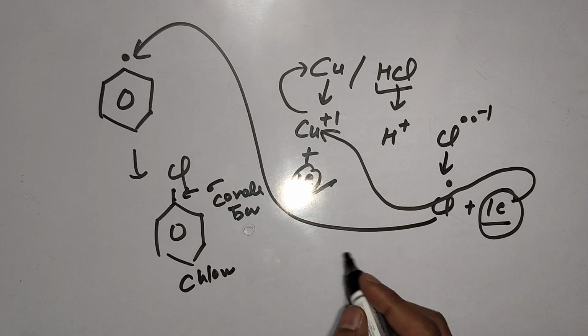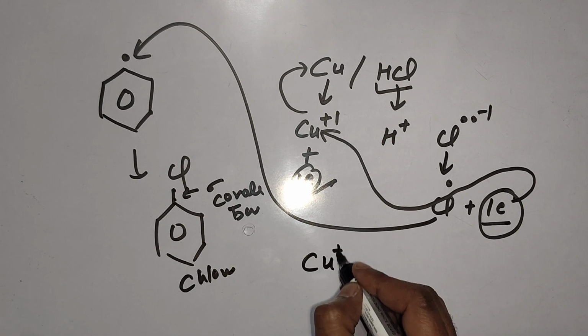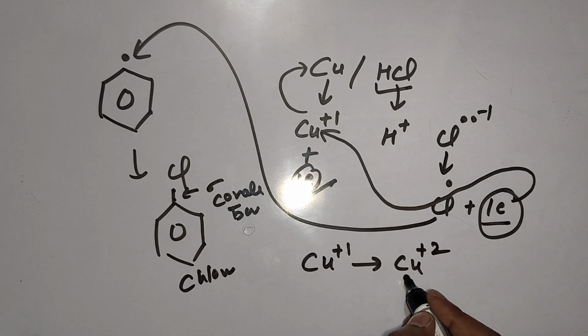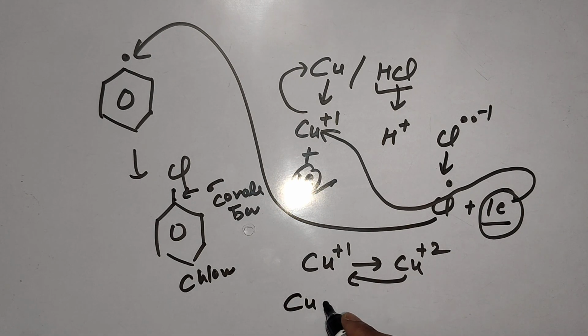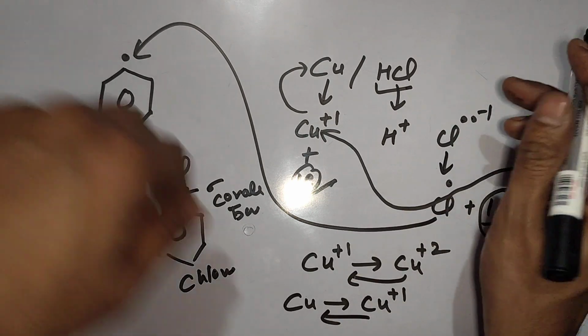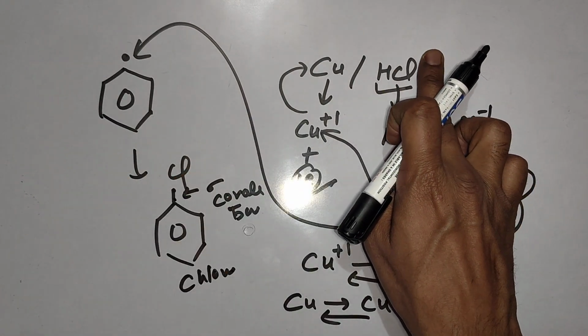Like in Sandmeyer reaction, Cu+1 changed itself to Cu+2 and again returned back to Cu+1. Here also, copper firstly changes itself to Cu+1 and then again changes to Cu at the end of the reaction.